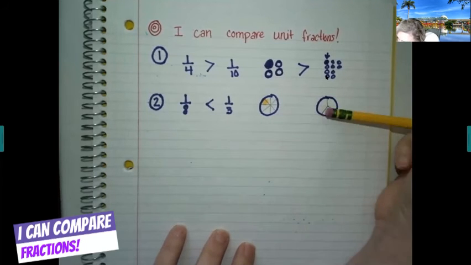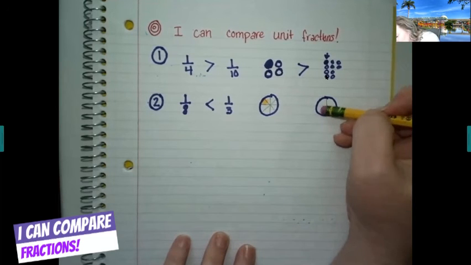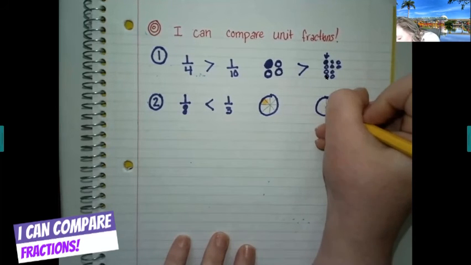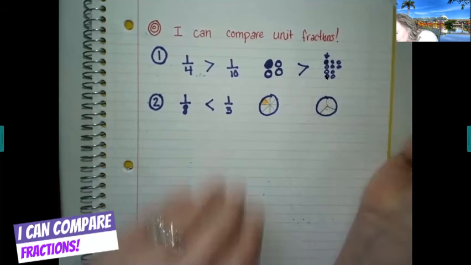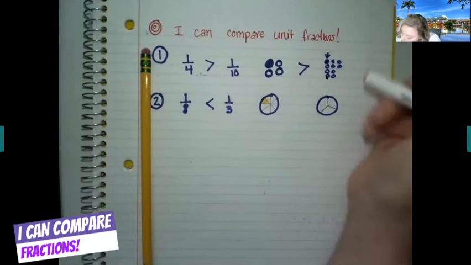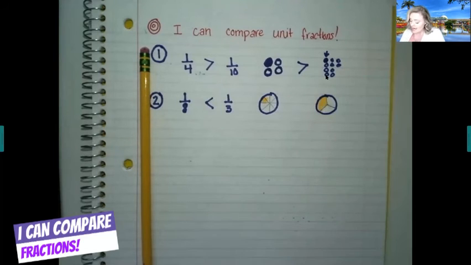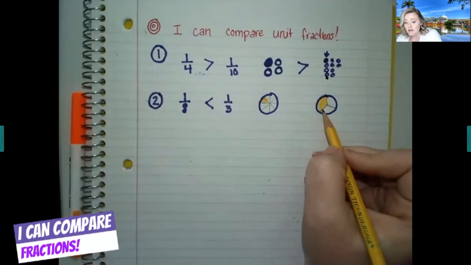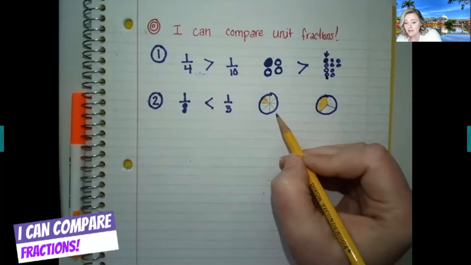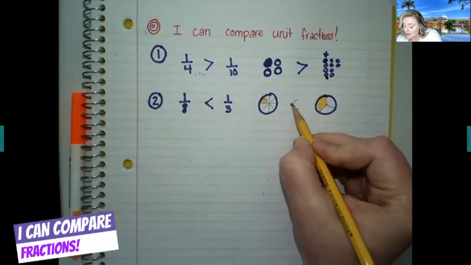And then I'm going to kind of use what I have. Still doesn't look exactly right, but like we said, we're not computers. We're just doing the best that we can. So I'm going to go ahead and shade in 1/3 of this pizza. Okay. And just looking at my colored portion, I can see that there's more orange in this circle than there is in this circle. So 1/3 is definitely bigger than 1/8.